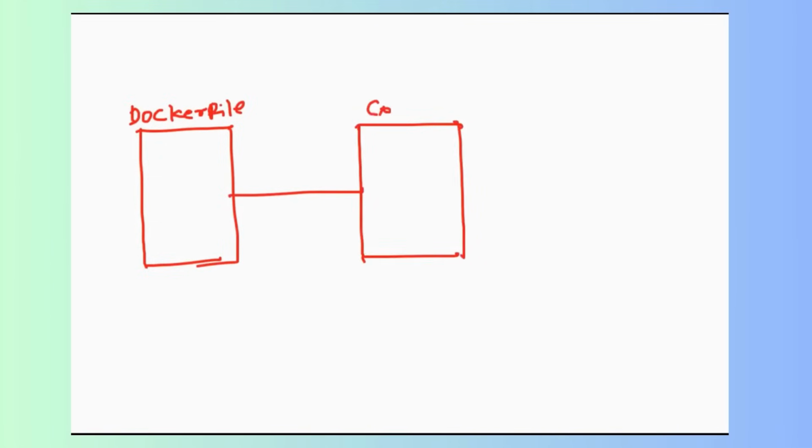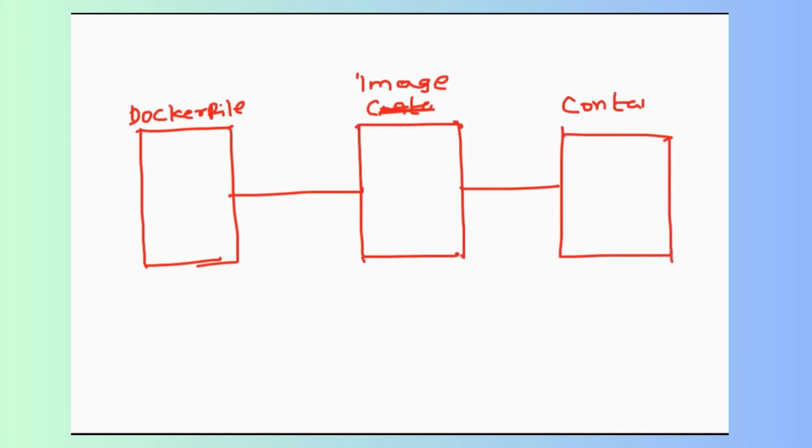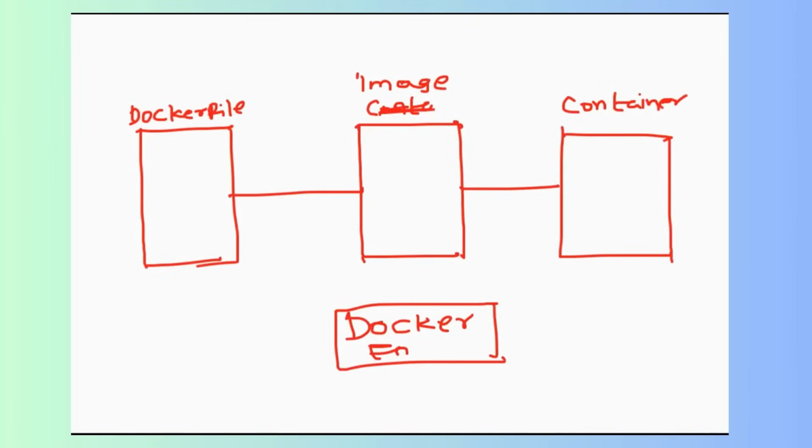So the first stage is to write a Dockerfile, then execute this Dockerfile and create an image, and again execute this image and create a container. If you're using the Docker platform, there is something called the Docker engine, which will receive all of these inputs.